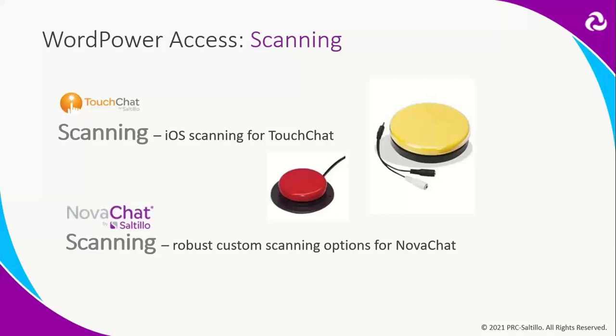So I want to talk about the scanning file, and I'm going to do my best to demonstrate scanning using iOS scanning and then using the scanning built in to the devices. So first thing I'm going to show is iOS scanning. By that I mean the scanning that's actually a part of the iPad.